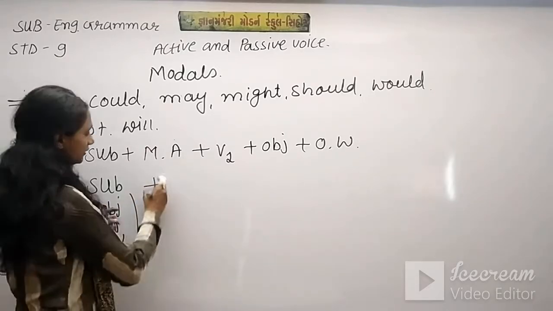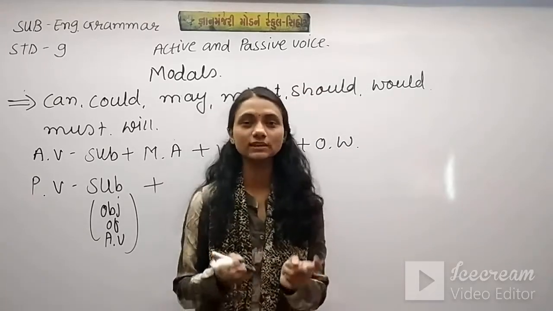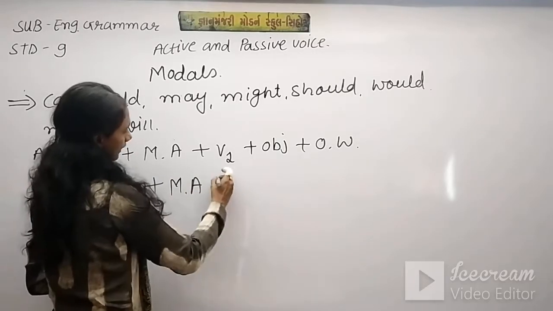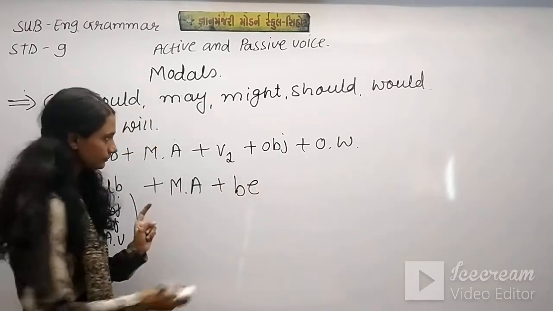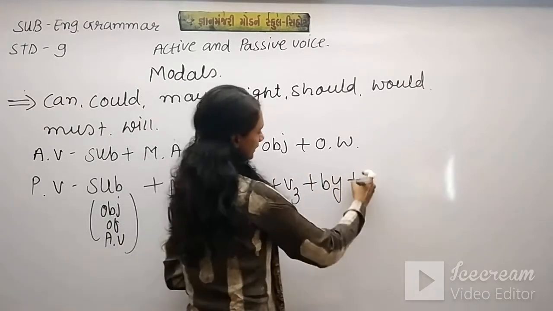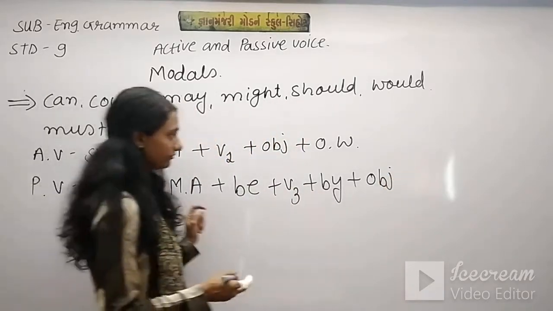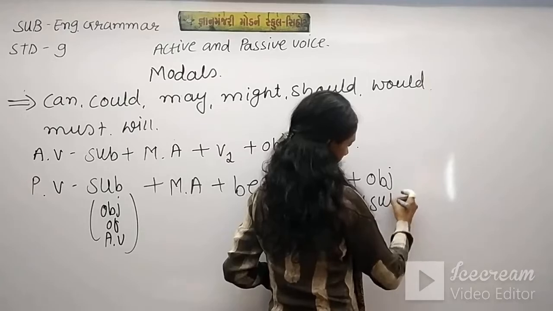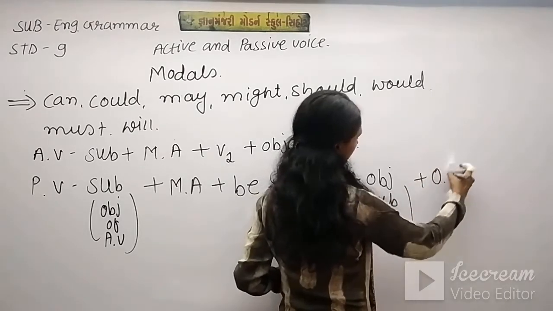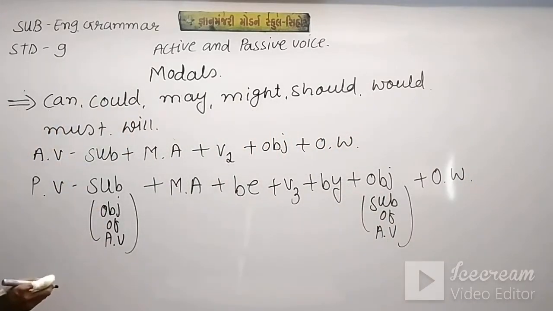After that, remember students, the modal verb will not be changed when you use passive voice. So this modal will remain the same. After that we need be. This V1 becomes V3, then by, and here we need an object, but which object? The subject of the active voice, plus other words. Okay, so this is the sentence pattern.